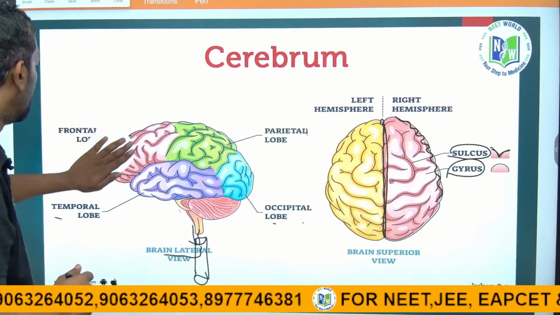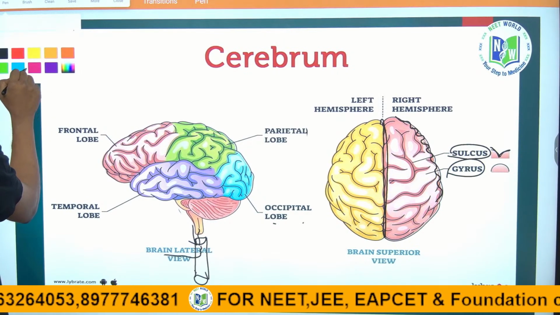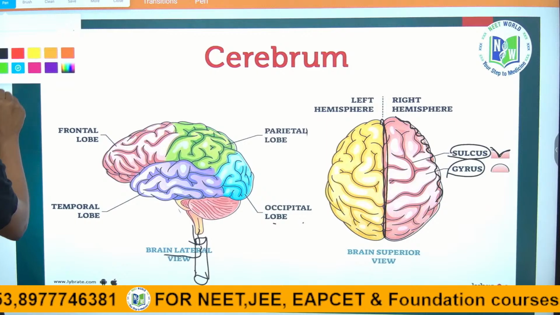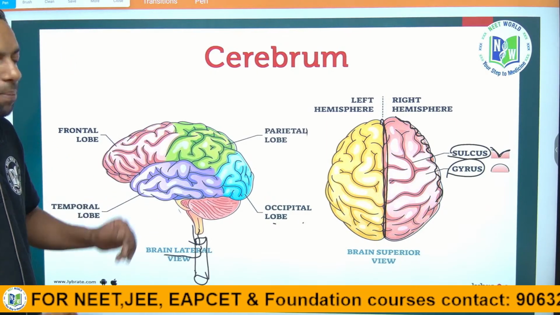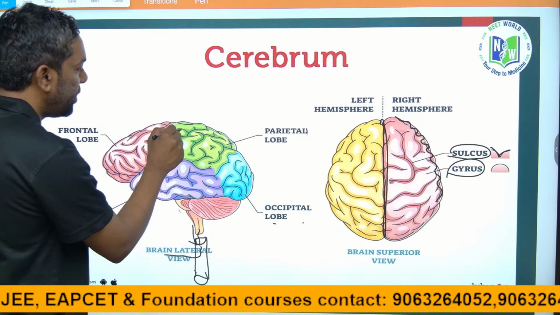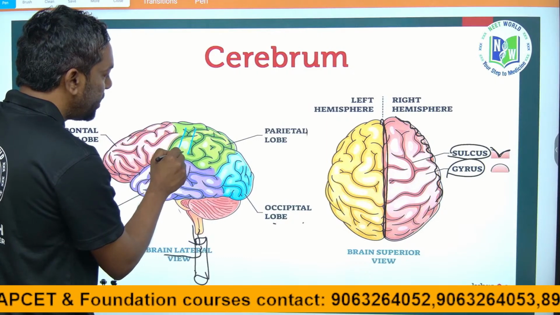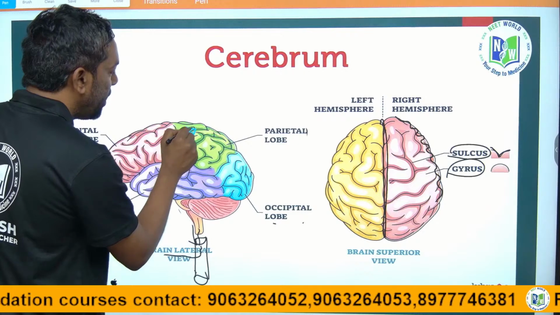Okay, as we discussed, guys, this is the parietal lobe. In the parietal lobe, this area is the somatosensory area.